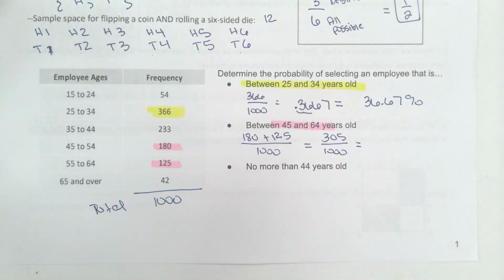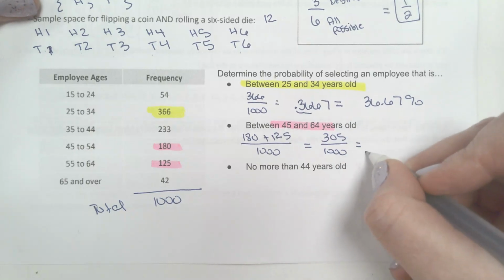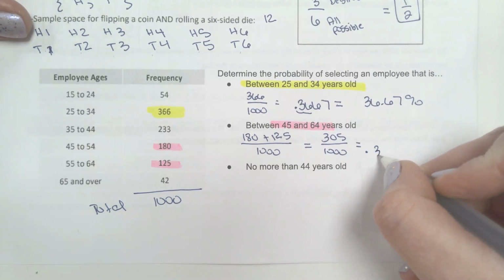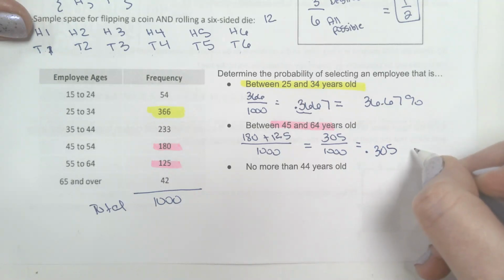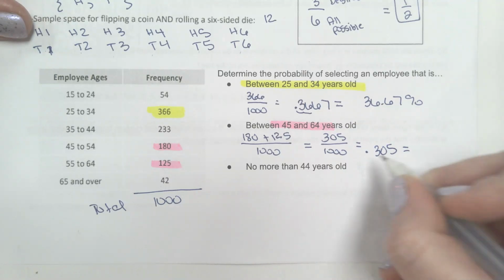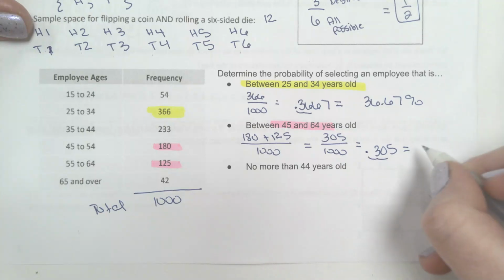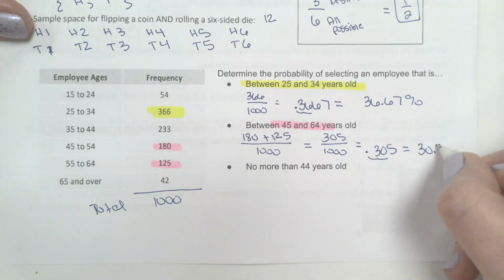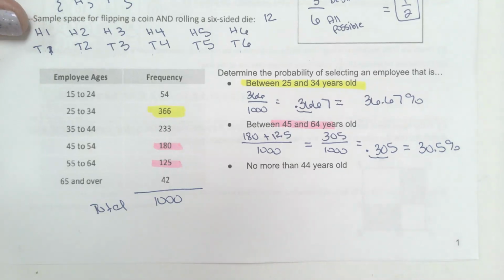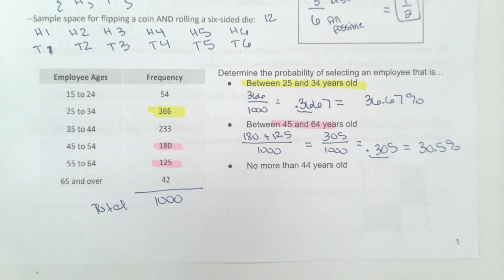Then I would turn that into a decimal and then turn that into a percent. So when I go top divided by bottom in my calculator, I get 0.305. Turn that into a percent. I would get 30.5%.